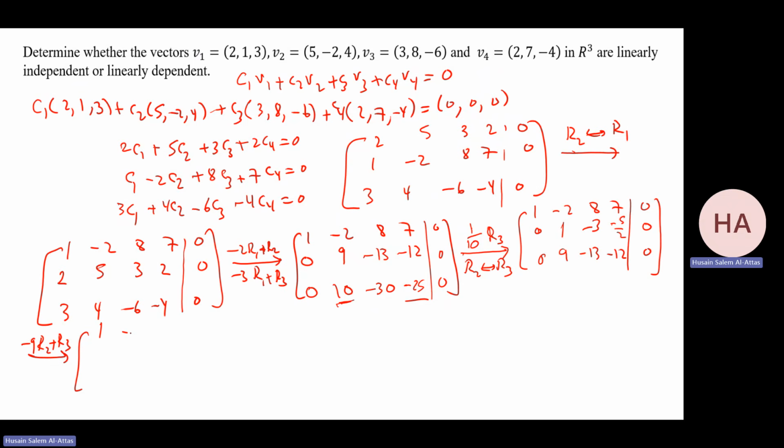This is 1, minus 2, 8, 7, 0; 0, 1, minus 3, minus 5 over 2, 0. Now multiply by minus 9 and add, that will be 0, 0. By minus 9 and add, 27 minus 13, that is 14.